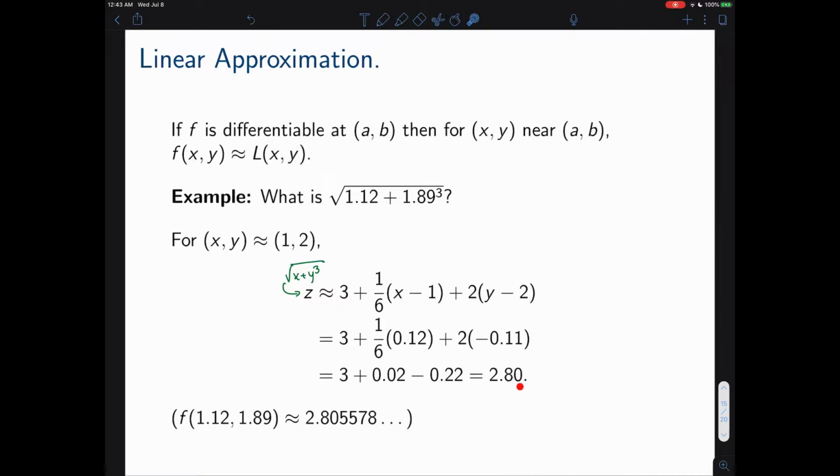It got almost 2 decimal places of accuracy, right? The rounding would probably be 2.81 instead of 2.80, but it just barely rounded up. So this is a good approximation.